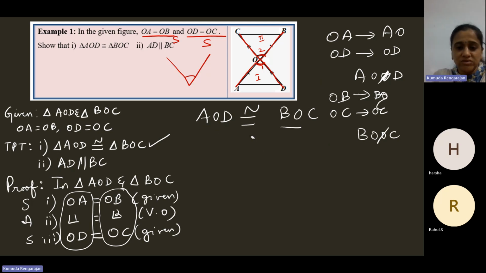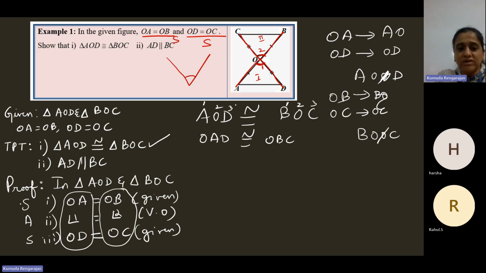Now, this is one way of naming it. You can also name it like this: if you say OAD, it is congruent to OBC. Let me number it 1, 2, 3 and 1, 2, 3.